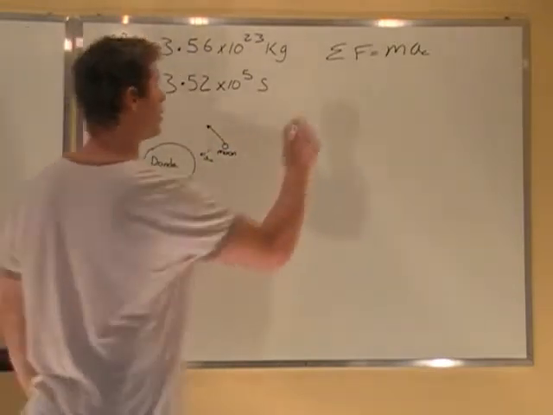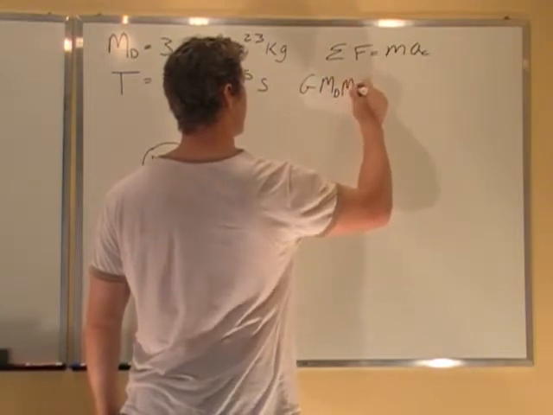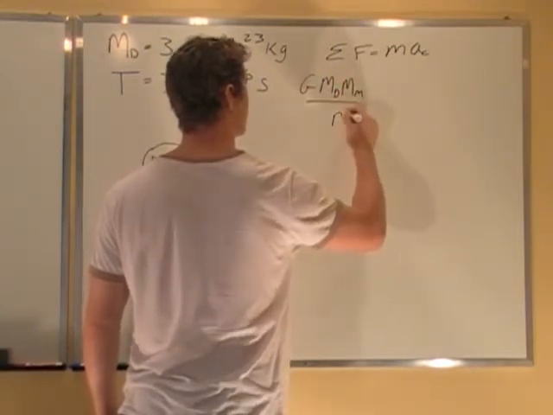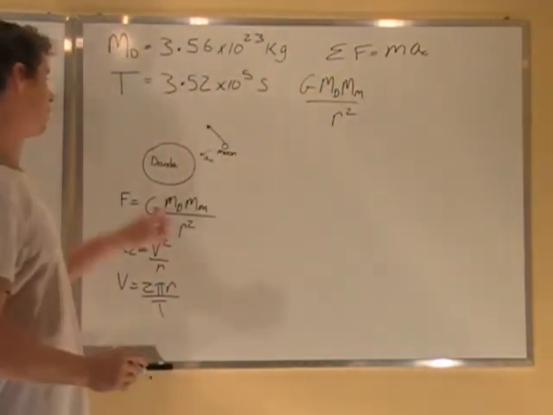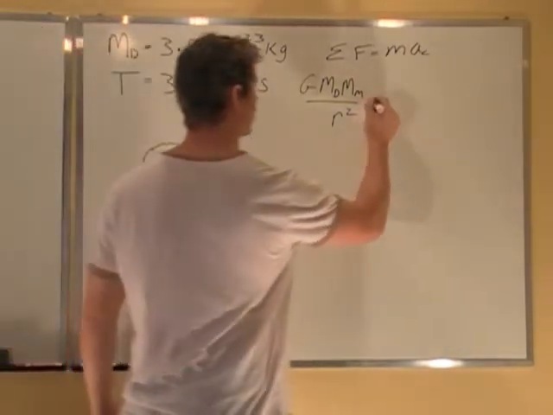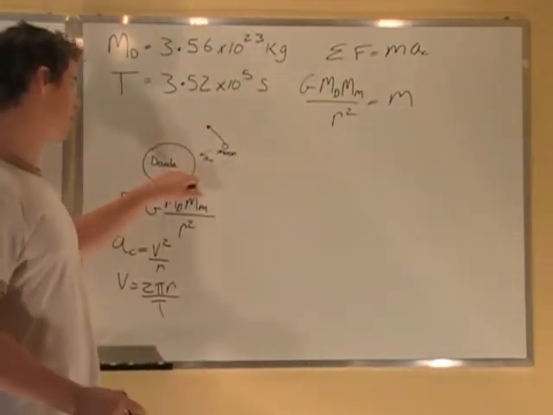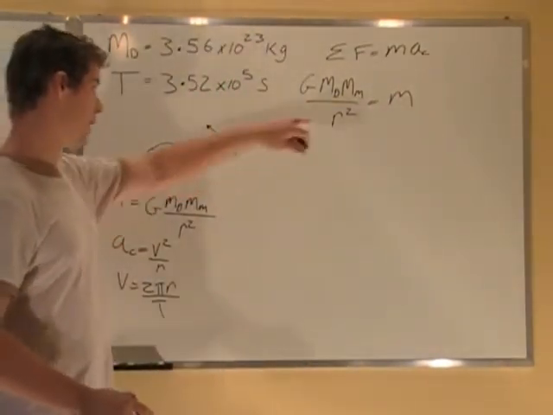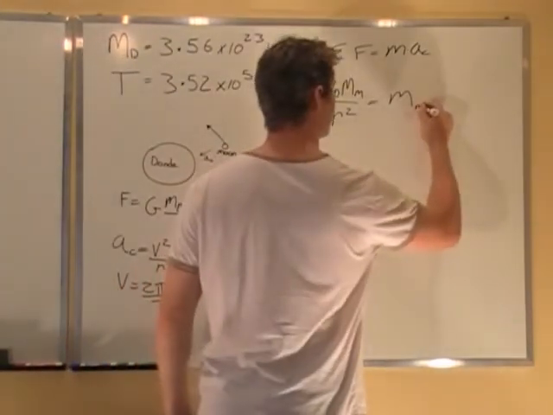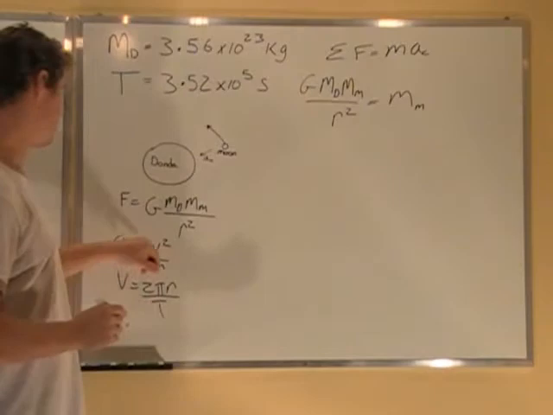We get G M_D M_M over r squared. That's the only force acting, the gravitational force between these two. That's equal to m, the mass of the moon, since the moon is what's accelerating towards Donda, times the centripetal acceleration, which is v squared over r.